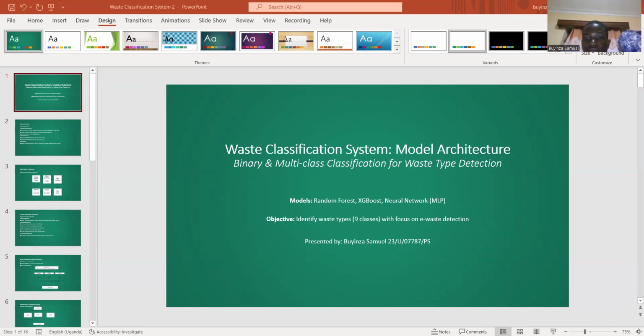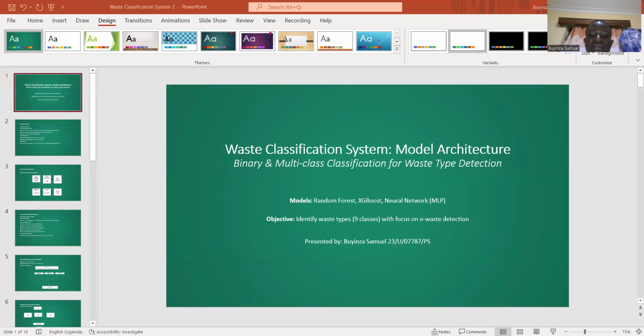Here I'm going to be taking you through the binary and multi-class classification for waste type detection, where the models that I'm dealing with are random forest, XGBoost, then the neural network.